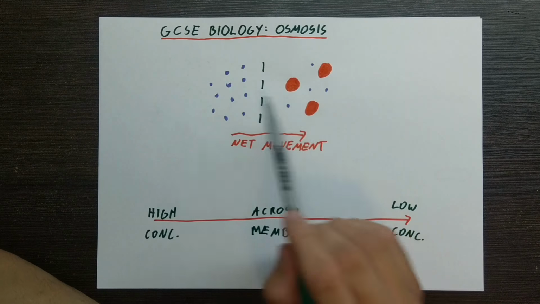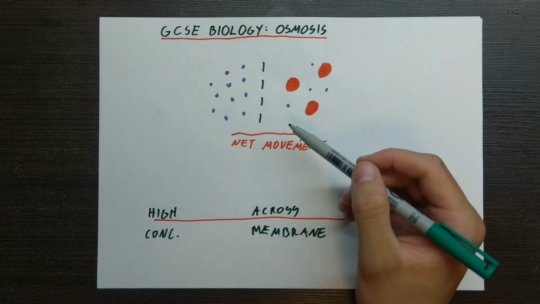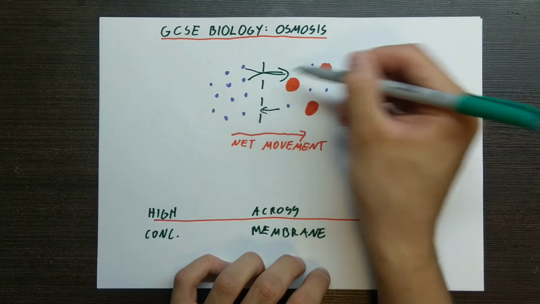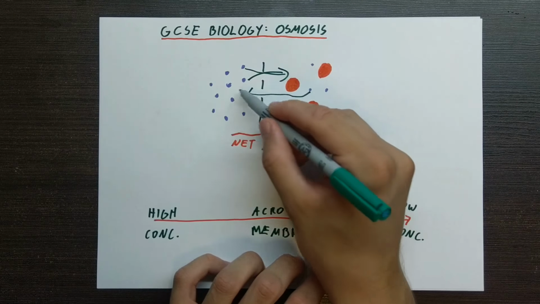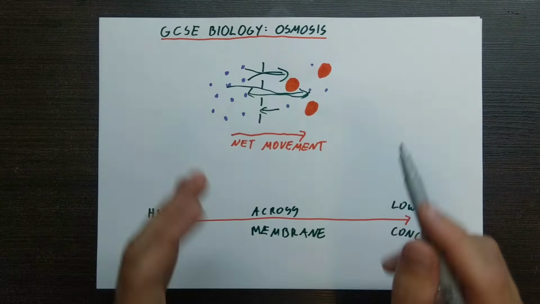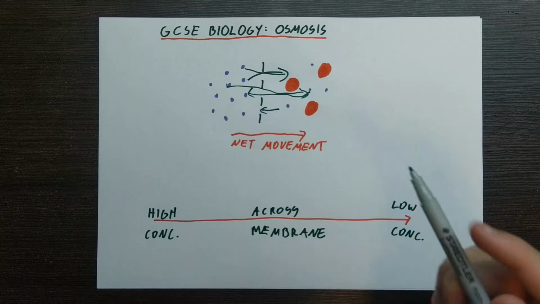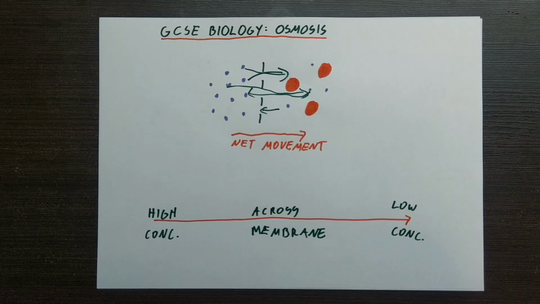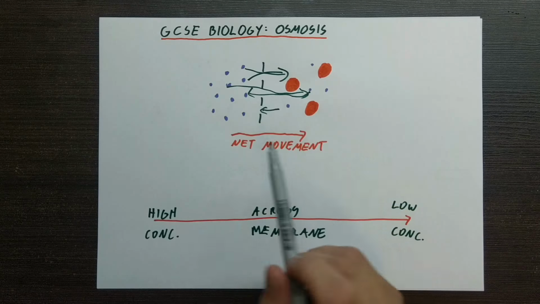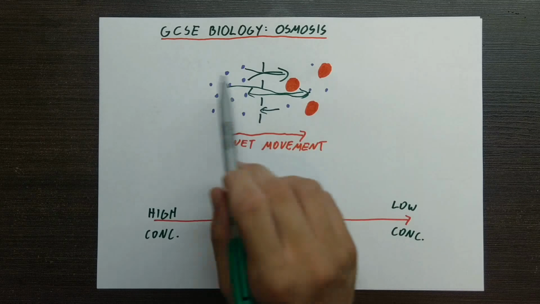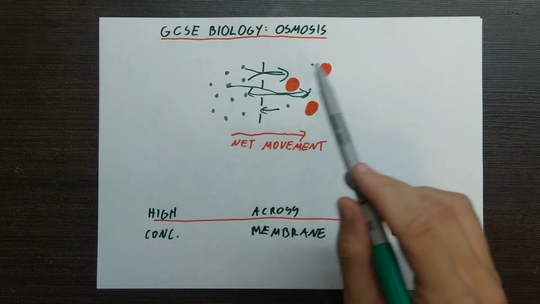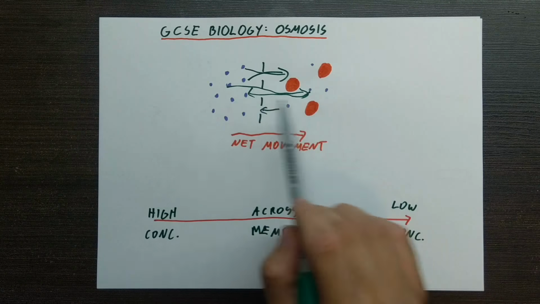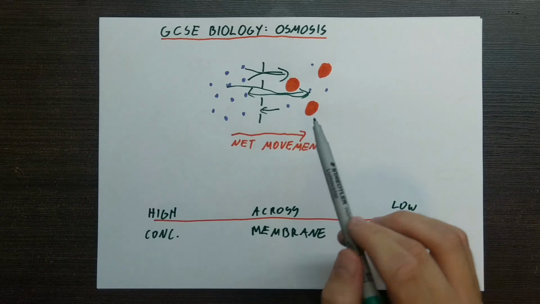Now, those particles they'll be moving both ways. So these guys can go there, these guys can go there, this guy can go back, but this guy can go back in. So they are moving across. However, the net movement, the overall change in number of water molecules will be that there will be less water molecules here, and we will gain some here in attempt to even out the concentration of water in both sides.